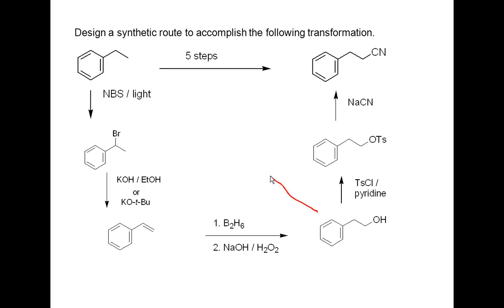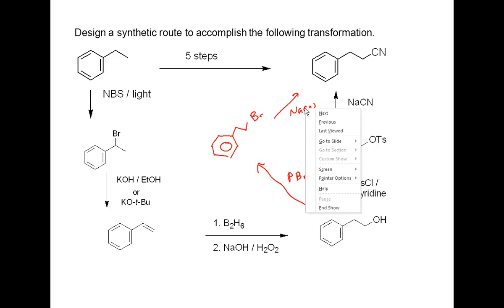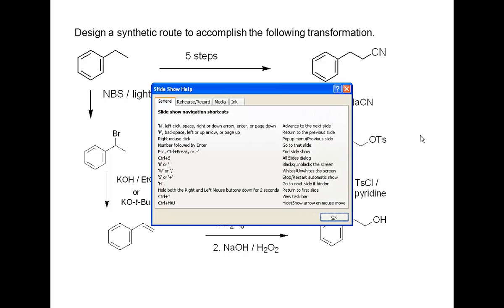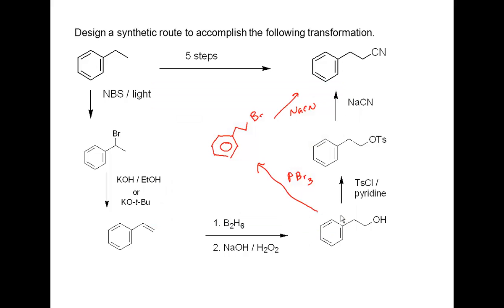Well, it's possible to treat this with PBr3. I'll just draw the resonance hybrid here. Get the bromide, and then treat this with NaCN. It would also be possible to treat it with SOCl2 and get a chloride. So that would be an okay way to go as well.